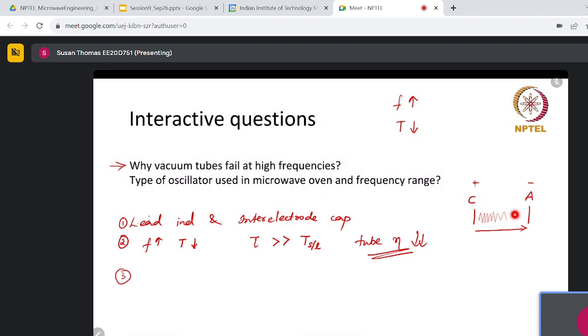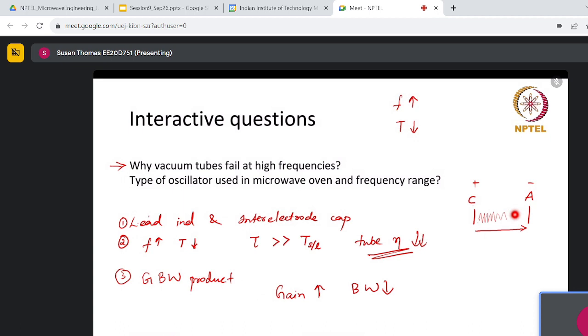And I have one more reason to point out, that is the gain bandwidth product. In conventional amplifiers like vacuum tubes, if you go for maximum gain, then the bandwidth is limited. All these limitations have been overcome by microwave tubes.